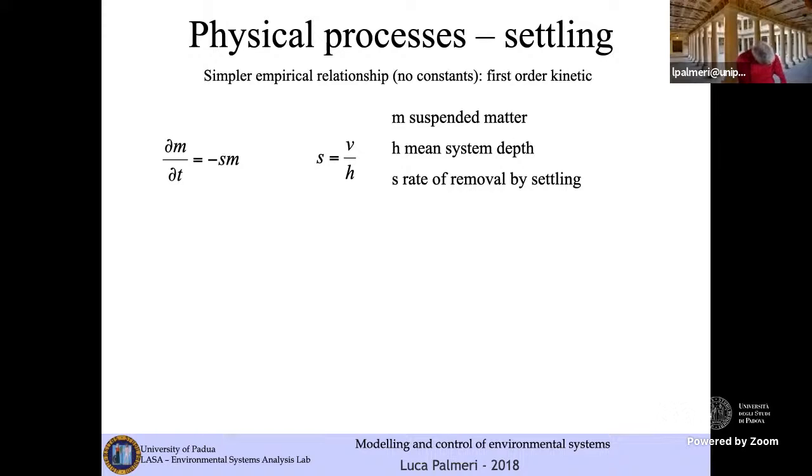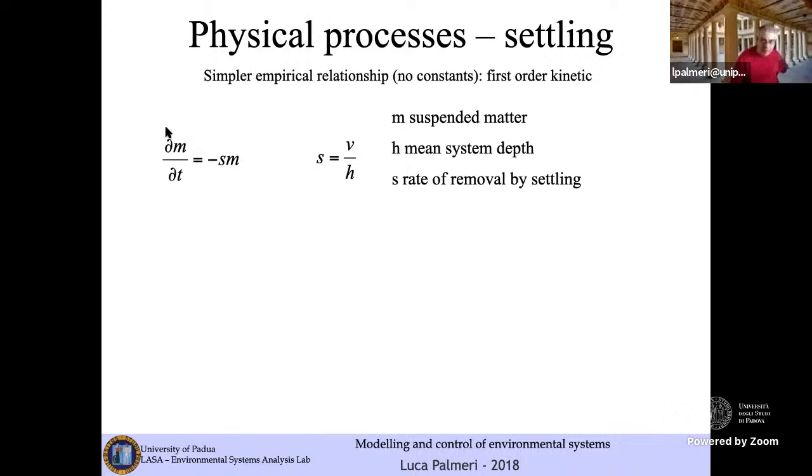And how do we, the environmental modelers, describe this kind of process? Of course, we describe it by a first order kinetic. We like to simplify our life. How may we do that? We may simply write that the time variation of the mass of the suspended particles in the water column is equal to minus a rate of removal by settling S times the concentration of the suspended material.